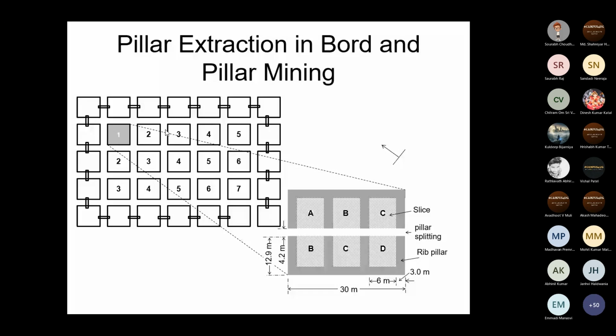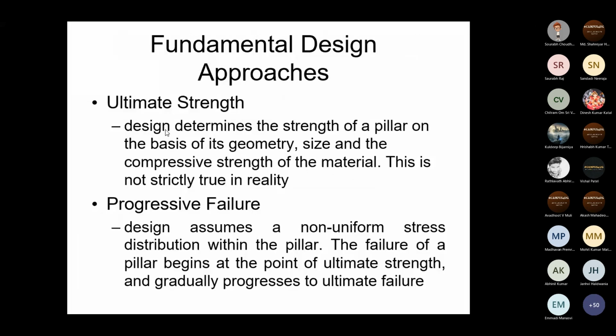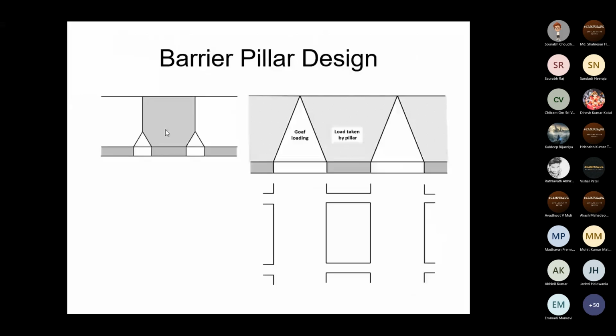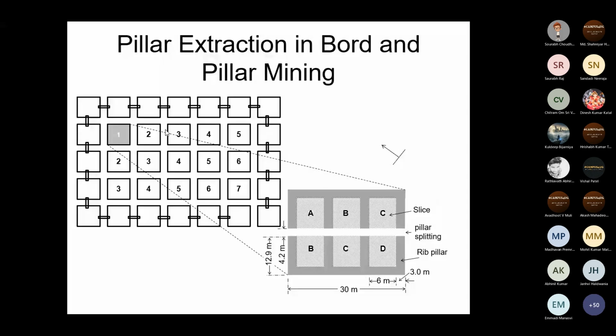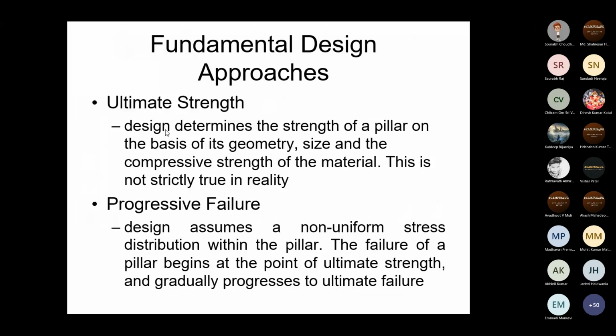I will introduce you to this. Okay, so I will cover it in the next class using my screen by drawing some figures. There are two design principles. One is called the ultimate strength design, and another is called the progressive failure design.